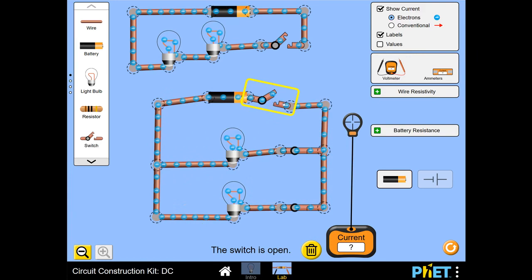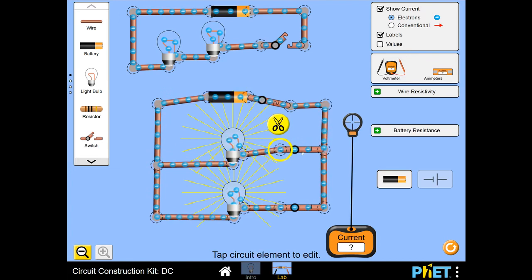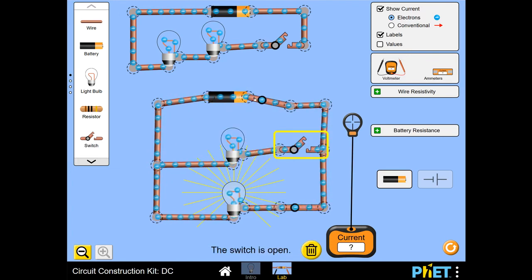So if I break it, then I don't have a complete loop anywhere. There's no way for the electrons to get from this side of the battery to this side if this switch is open. So in order to have a complete circuit, I have to be able to get from one side of the battery to the other side. The electrons have to be able to reach all the way through. If I was to just open one switch, they can still get there this way around here and back up to here.